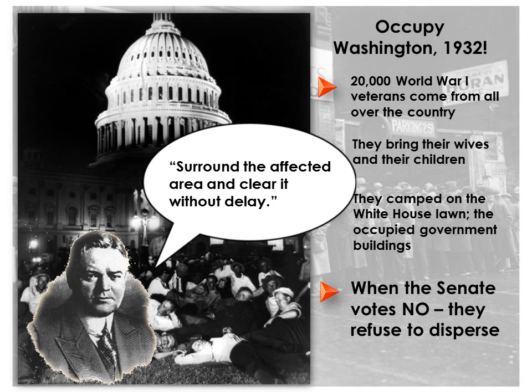Herbert Hoover gives perhaps the most unwise order of his career. He tells the army, not the bonus army, the regular army, surround the affected area and clear it without delay. In other words, get these bonus marchers out of here.